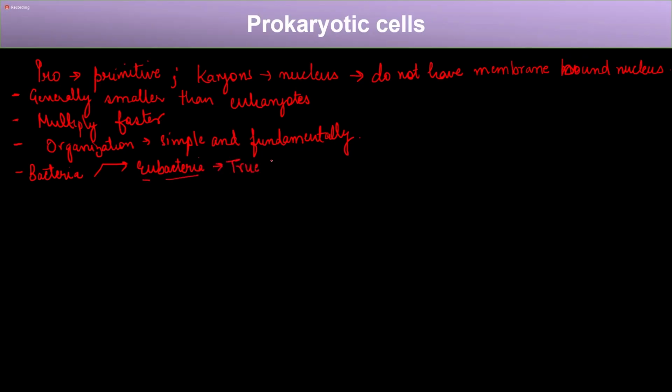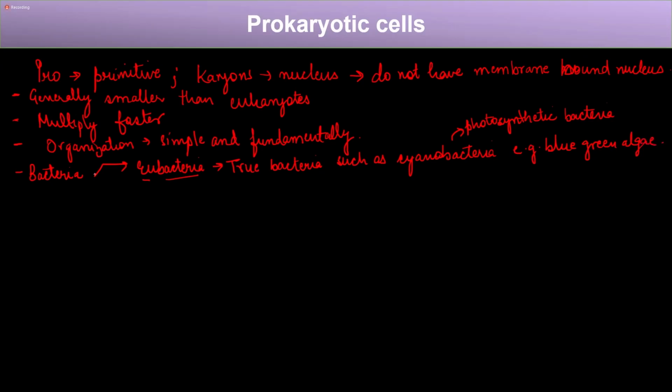So these are basically true bacteria, such as cyanobacteria. This is a class of bacteria, also called photosynthetic bacteria, such as blue-green algae.